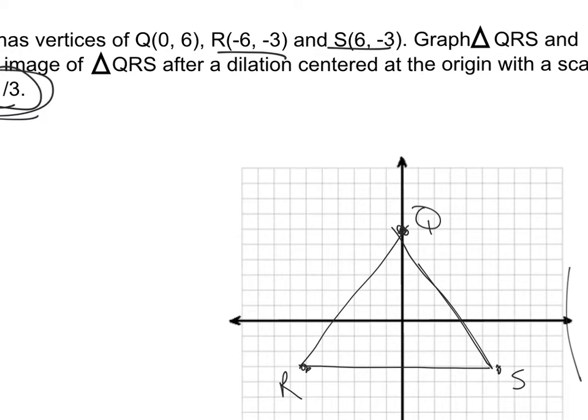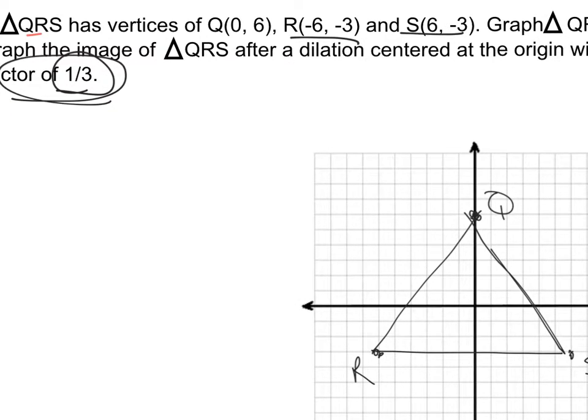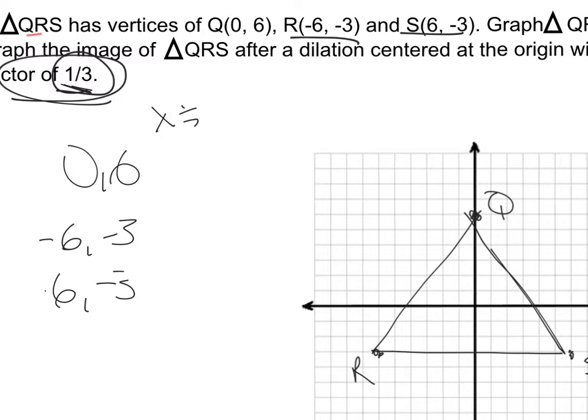So there's my original triangle. Now I'm trying to go by 1/3. So I want to take all my points and multiply them by 1/3, which is a fancy way of saying dividing by 3. So my new points are going to be 0, 2, -2, -1, 2, -1.